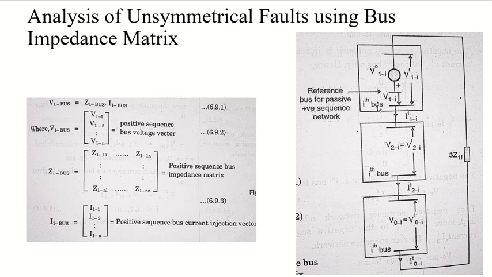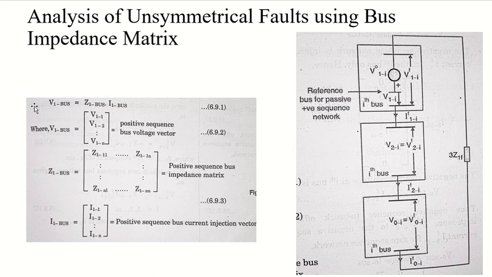So for the passive positive sequence network, what will be the value of the bus voltage? That value can be given using this formula: V1 bus will be equal to Z1 bus into I1 bus. And what is the formula for Z1 bus and I1 bus? Earlier we have discussed these formulas in detail.